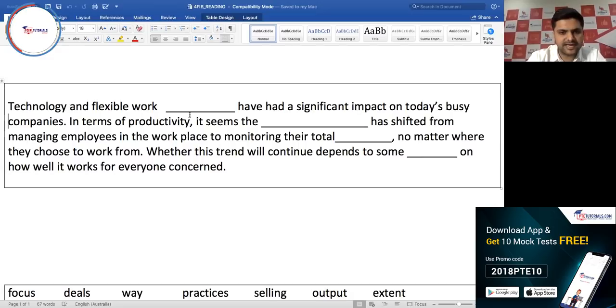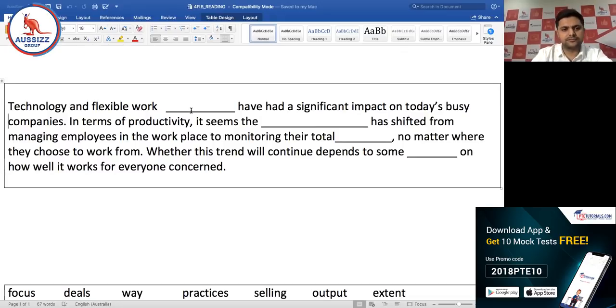Now the first blank is in the first sentence itself. So we'll read the first sentence and try to answer the first blank. Technology and flexible work dash have had a significant impact on today's busy companies.